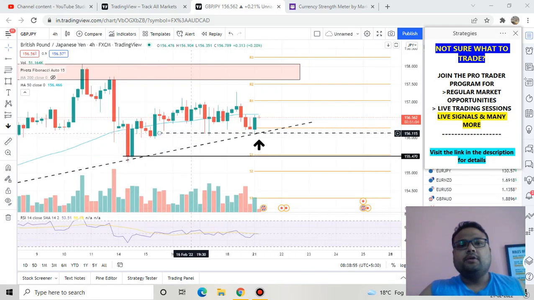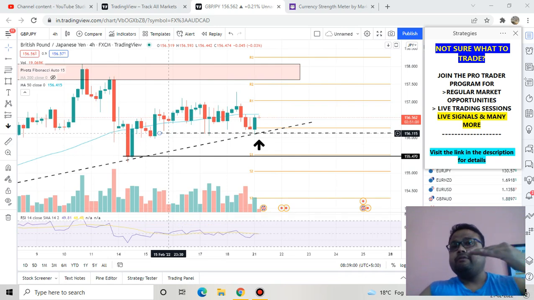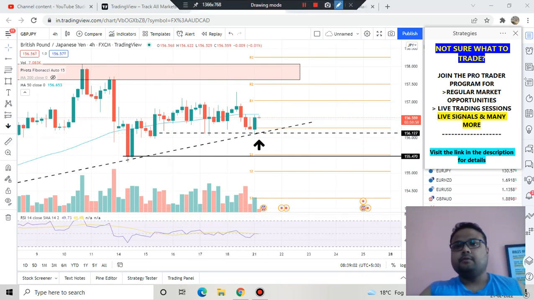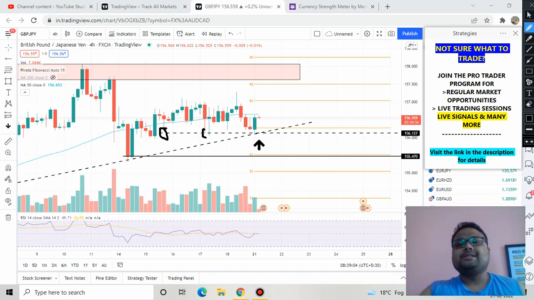Secondly, there was constant price rejection around the 156 level. There have been numerous price rejections around the 156 level, and this confirms that not only do we have the trend line passing through, we also have a static, horizontal support. There are some buyers present around the 156 level.